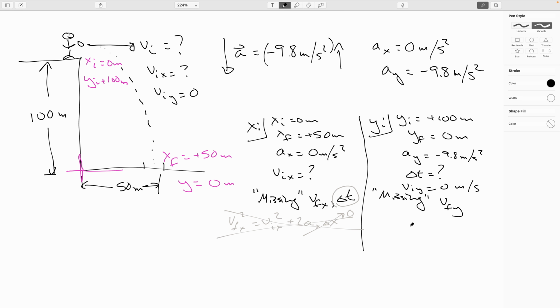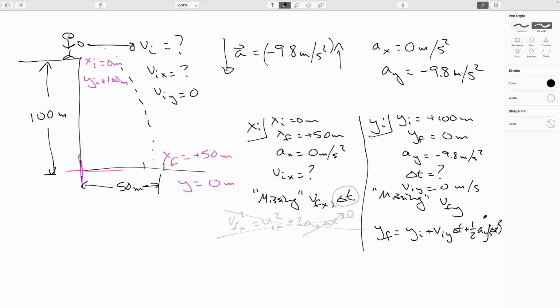So now we can go ahead and use the missing v final to solve for that. So we'll write that y final is equal to y initial plus v initial y delta t plus 1/2 a sub y delta t squared.